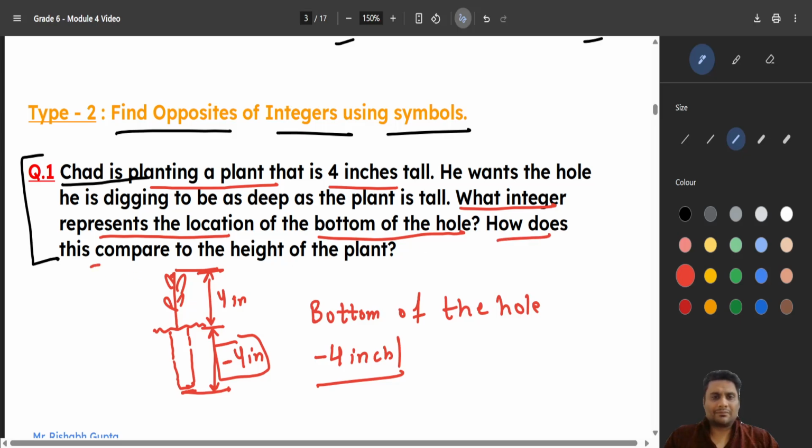How does this compare to the height of the plant? If I compare it to the height of the plant, I can say that it is opposite. It is equal to the height of the plant, but in the downward direction, in the opposite direction. That is why the height of the plant is 4 inches, and the depth of the plant hole is minus 4 inches, opposite of 4.